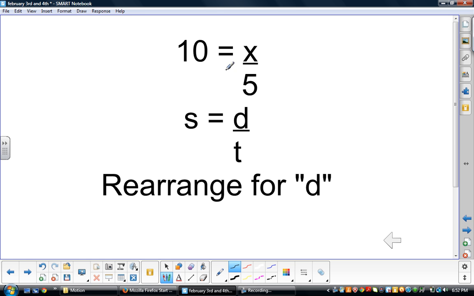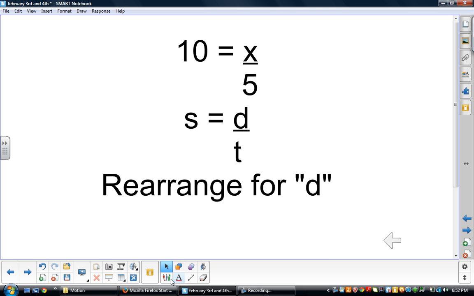Alright, now what if instead of saying 10 is equal to x over 5, what if we had 3 variables instead, like speed is equal to distance over time, and I asked you to rearrange for d? How would you do that? Well, you do it exactly the same way that you solved when we're working with only one variable.